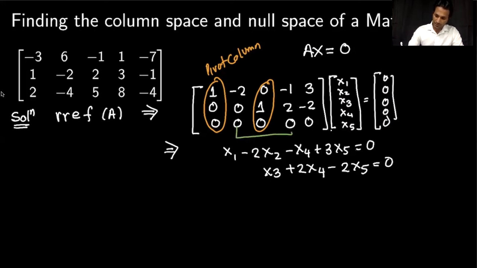So this and these three are not pivot columns. So x2, x4 and x5, these variables are free variables because they do not contain any pivot. So I will calculate the three solutions based on these three free variables.